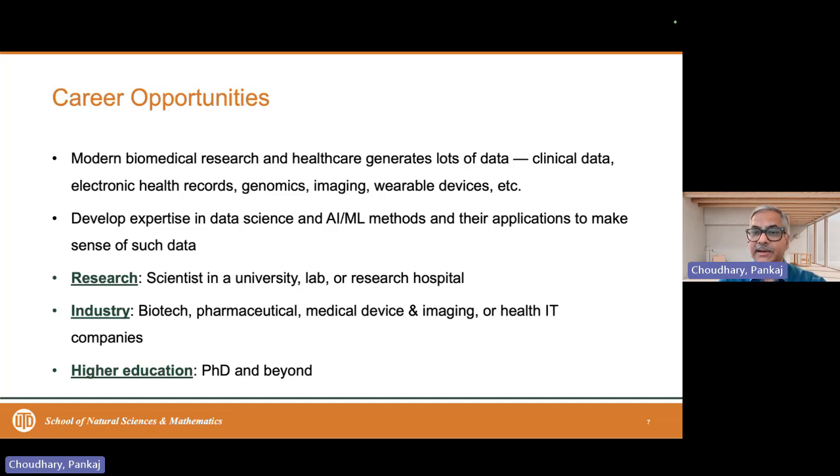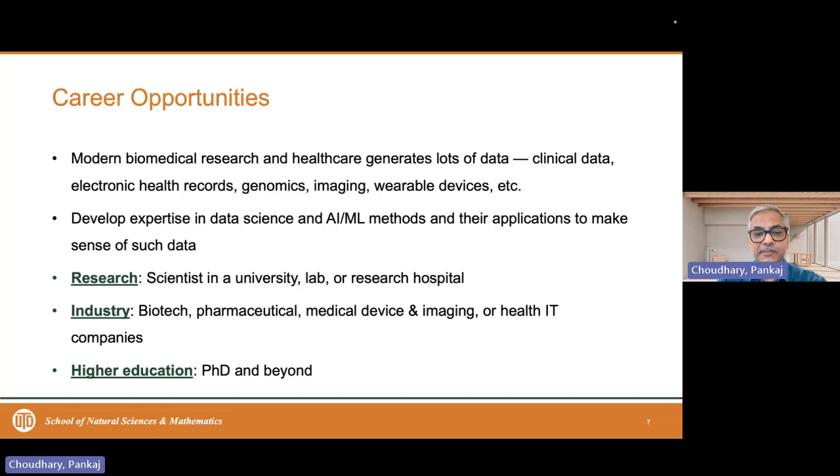The data are generated in terms of clinical data, electronic health records, genomics, imaging, and the sensors that we wear. So there is a big need for people who have expertise in data science and AI and ML methods to make sense of such data. Broadly speaking, this is what the program will prepare you for. You will have expertise in data science and AI and ML methods to analyze data.